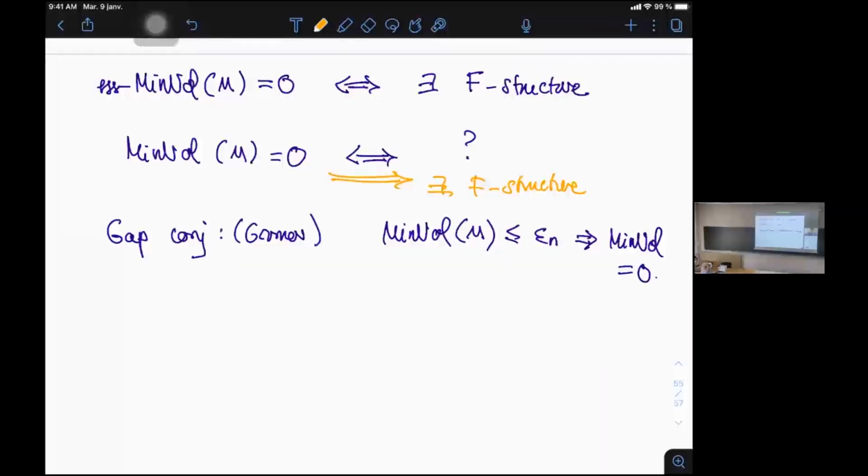Is there any question? If we consider a closed Kähler manifold and blow up along a subvariety, what's the relationship between the minimal volumes of the two manifolds? Yeah.